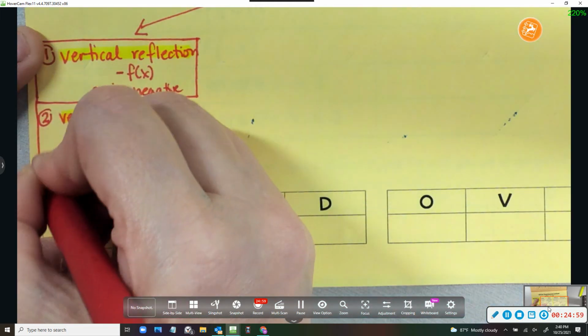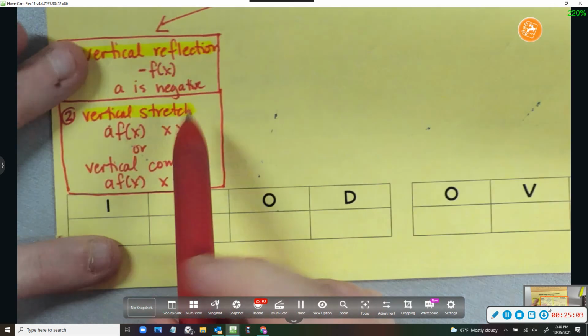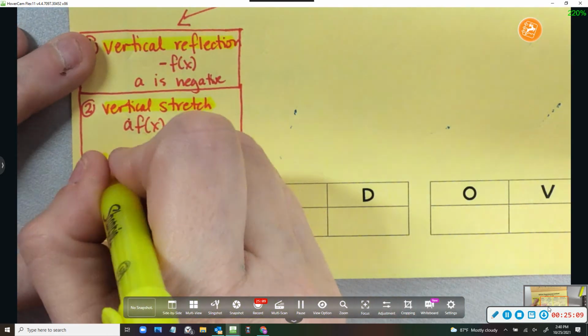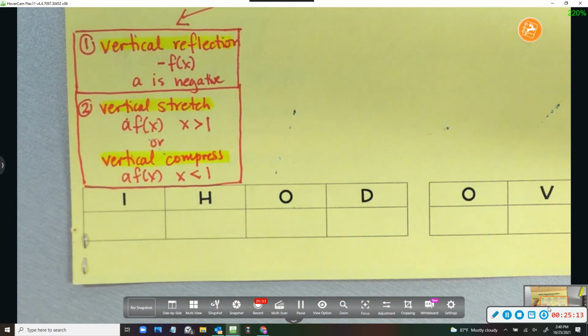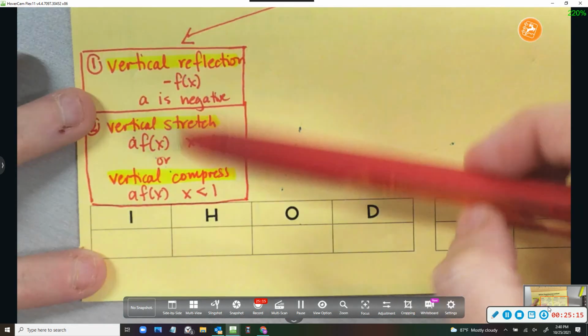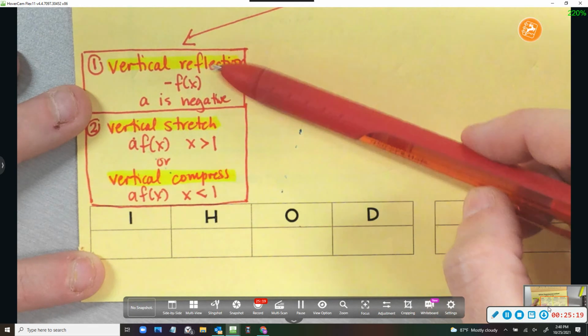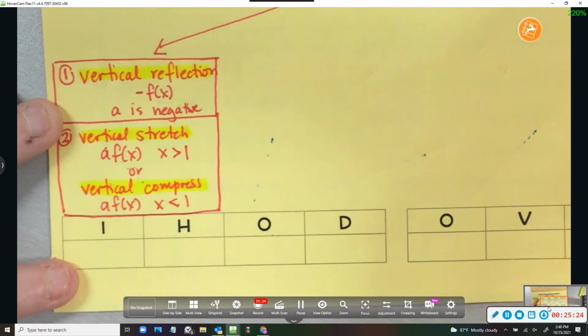And again, remember, we're not worrying about the sign. We've already dealt with the sign up here in this vertical reflection. If we see a sign change, that means we have a reflection. We're just looking at the number at this point. Okay? So those are the three possible things that we could see changing A, but we'll only see two of them because we can't see a stretch and compress at the same time. Are we okay with that part?